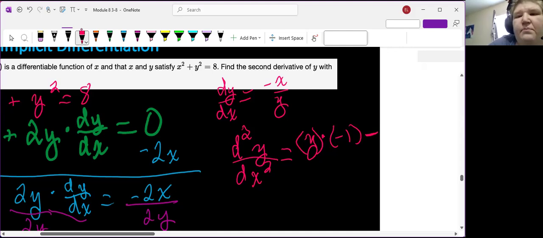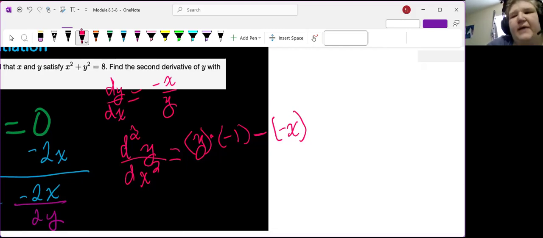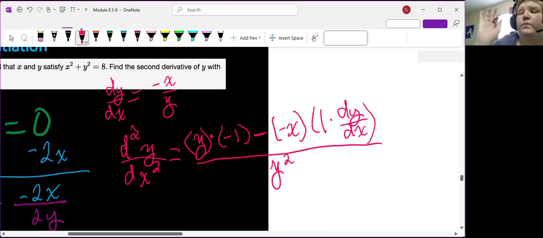Then minus from our formula, high, negative x, d low. So now it's just y, derivative of y is 1 times dy dx, which you could just write dy dx. Over square the denominator, and away we go.